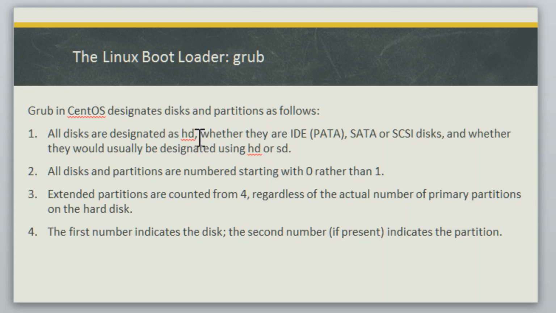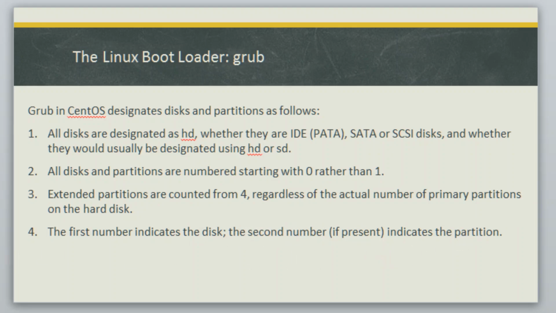Second, all disks and partitions are numbered starting with 0 rather than 1. Okay, so 1 is actually 0. And then extended partitions are counted from 4, regardless of what the actual number of primary partitions on the hard disk is. And finally, the first number indicates the disk. The second number, if it's present, indicates the partition.